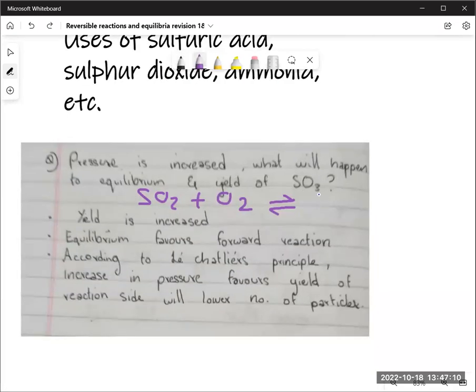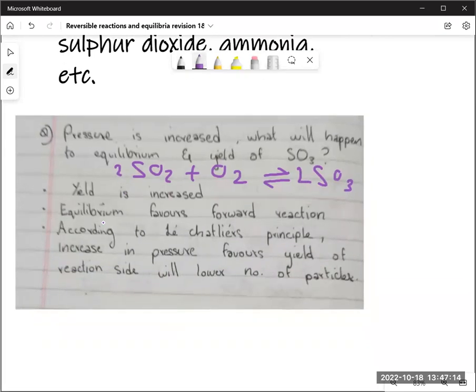Fine. Now yield is increased. Equilibrium favors forward reaction. According to Le Chatelier's principle, increase in pressure favors the yield of reaction with lower number of particles. Perfect. Yeah, that's correct. Fine.